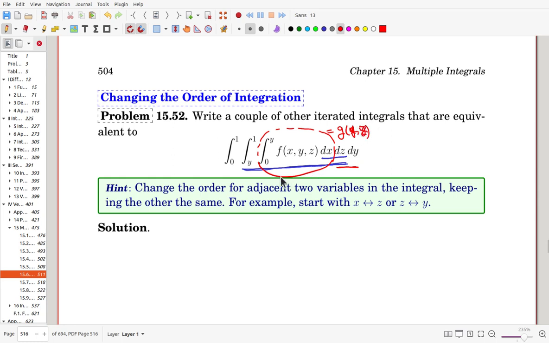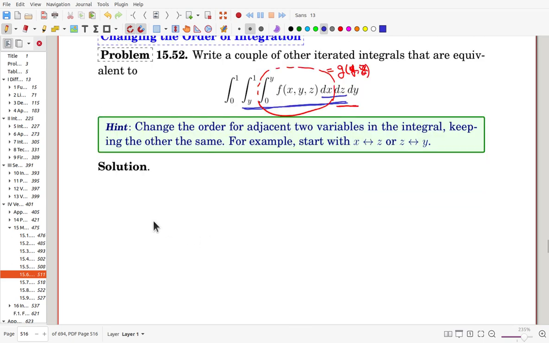So once we fix it, we can change the order of integration, and either way we can do it. First, we'll try to change the order between x and z.